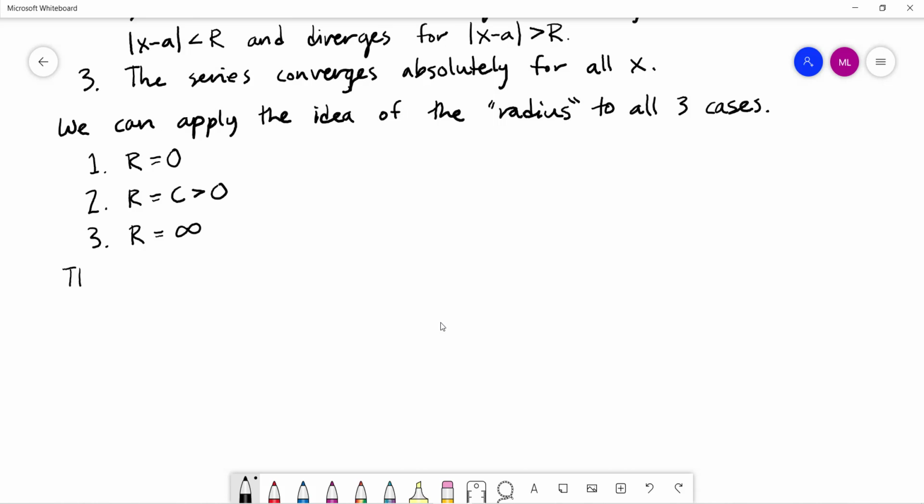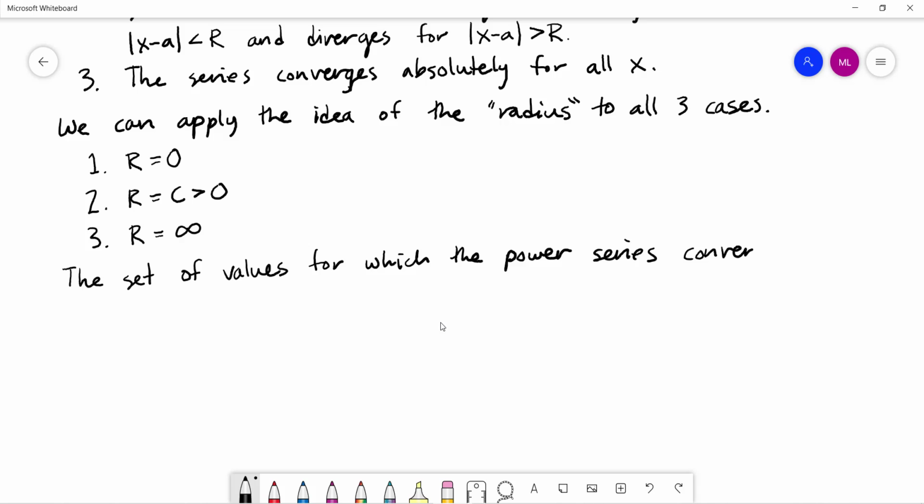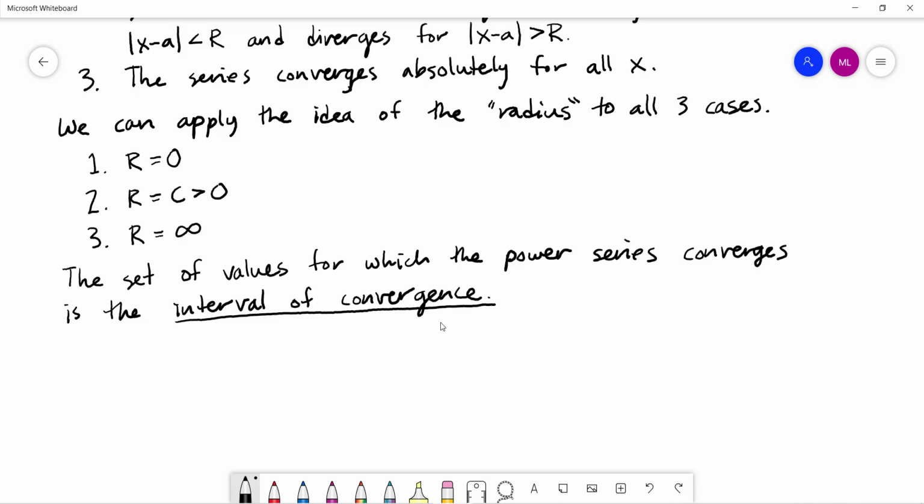So we're going to call that set of values for which the power series converges the interval of convergence. And you'll see these terminologies, the radius of convergence and the interval of convergence, in your homework.